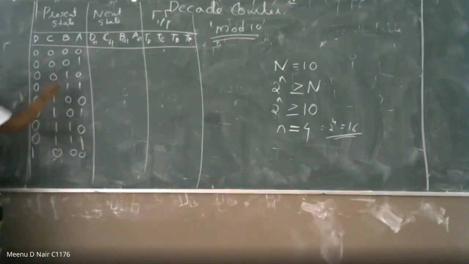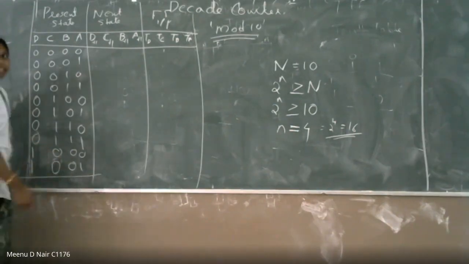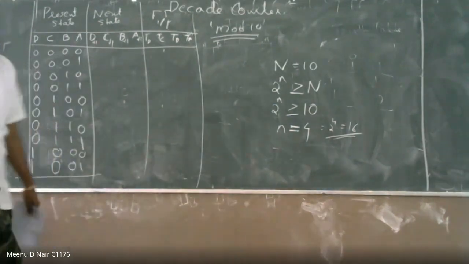So how many states? 1, 2, 3, 4, 5, 6, 7, 8, 9. So one more state is required: 1, 0, 0, 1. Whatever the next state, all those things will be conditional.